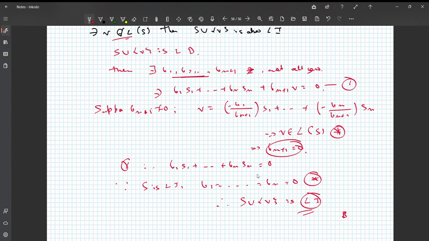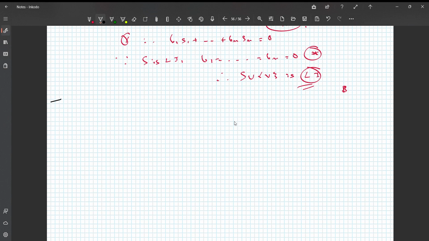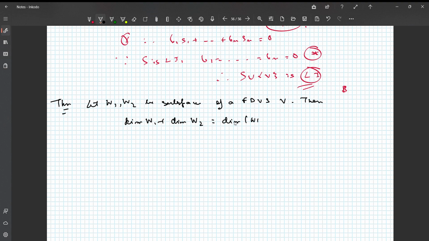One more very important theorem related to dimension, I'm just writing it down. I'm not proving it. I don't have enough time now. So let W1 and W2 be subspaces of a finite dimensional vector space V. Then dimension of W1 plus dimension of W2 is equal to dimension of W1 intersection W2 plus dimension of W1 plus W2.